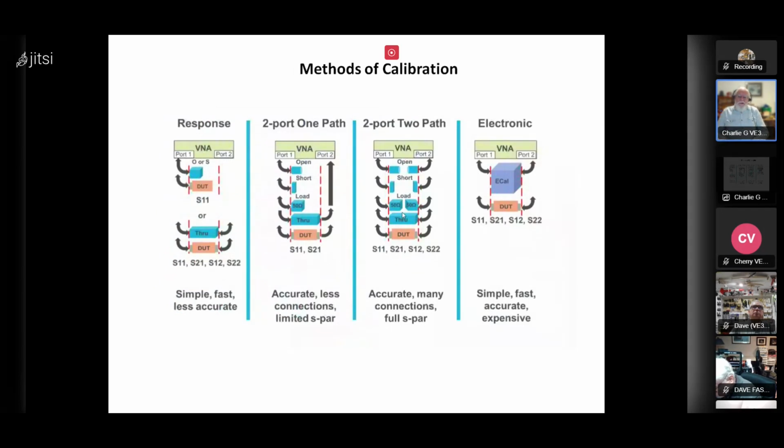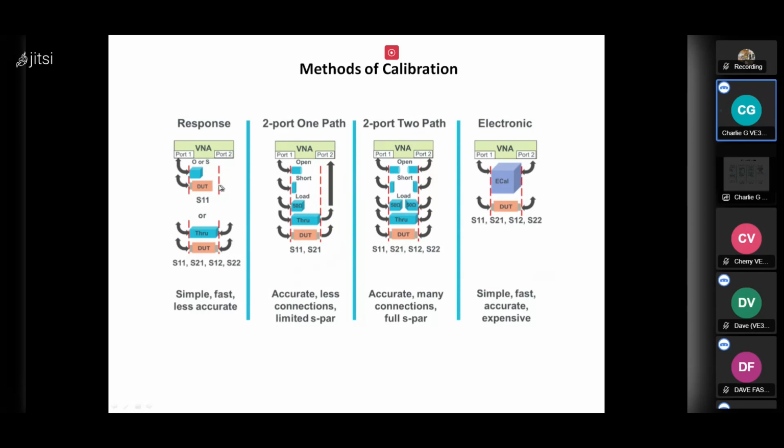There are typically four different kinds of calibrations that can be done. The super cheap and dirty one, even for the NanoVNA, is you basically do an open or a short measurement to calibrate, and then go straight to your device under test.